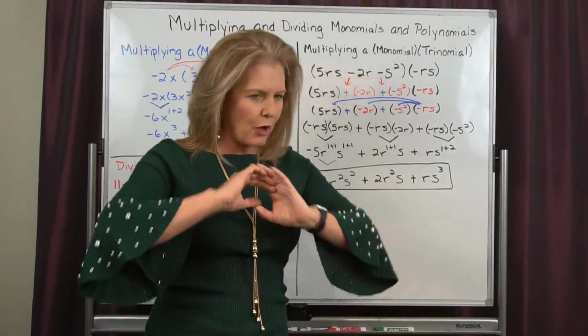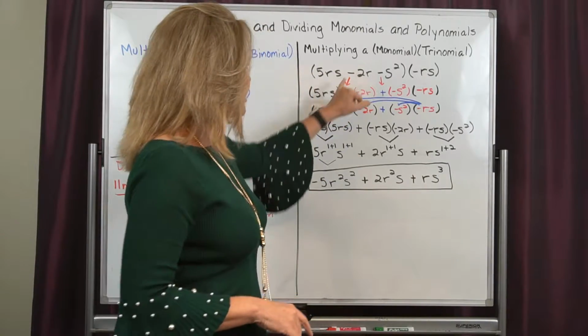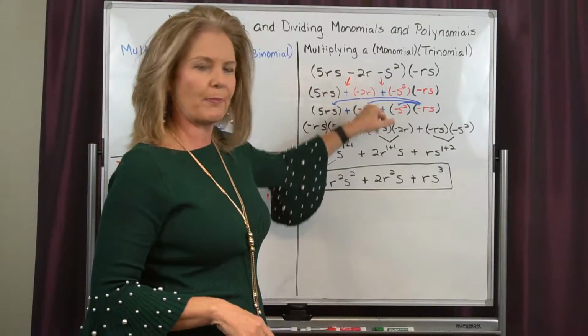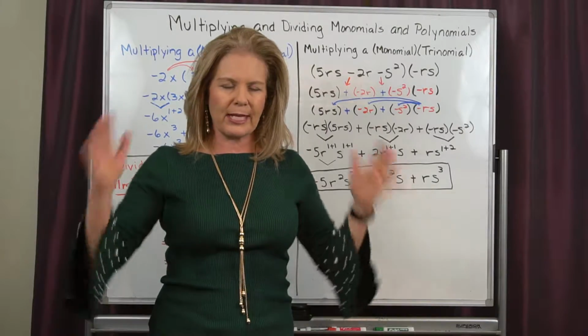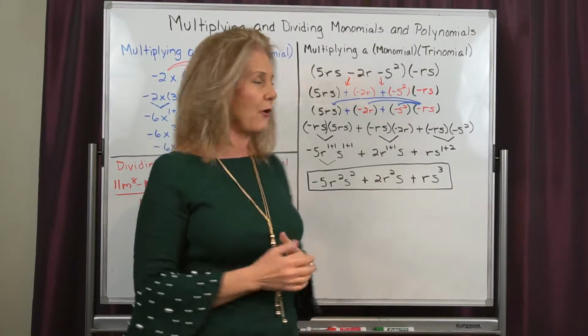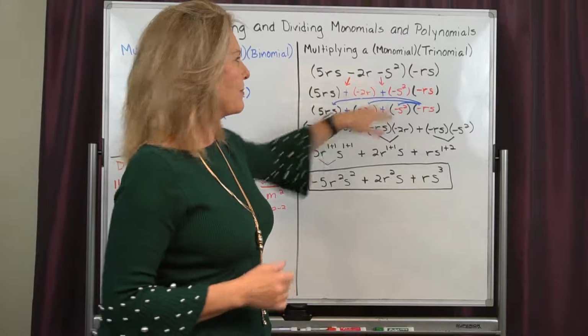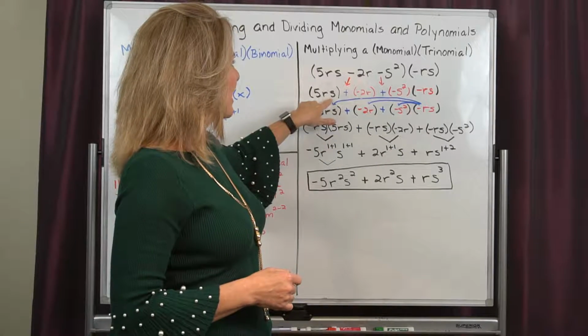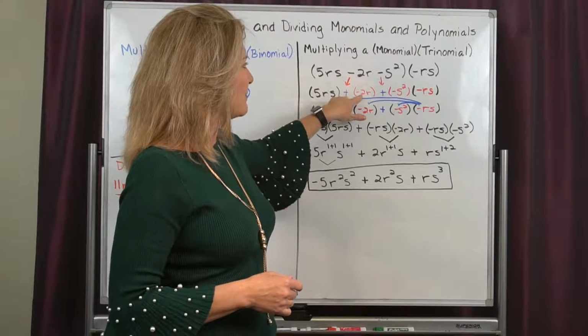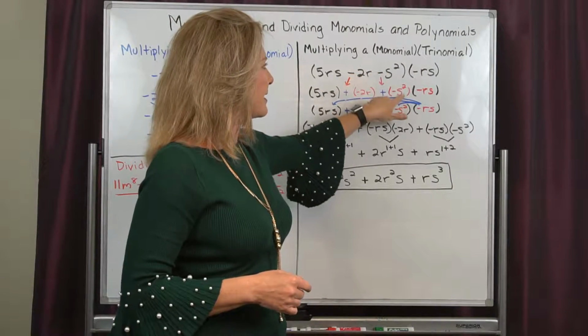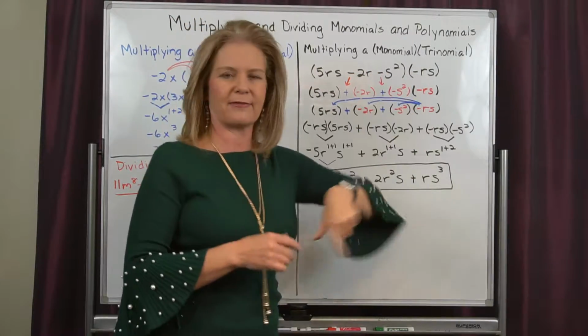So again, like we've always done, we're going to change that subtraction to plus the opposite. It's the first thing I do all the time when I'm going to go solve these. So first I rewrite my problem. So I get 5rs plus a negative 2r plus a negative s squared, and that's a negative sign there.